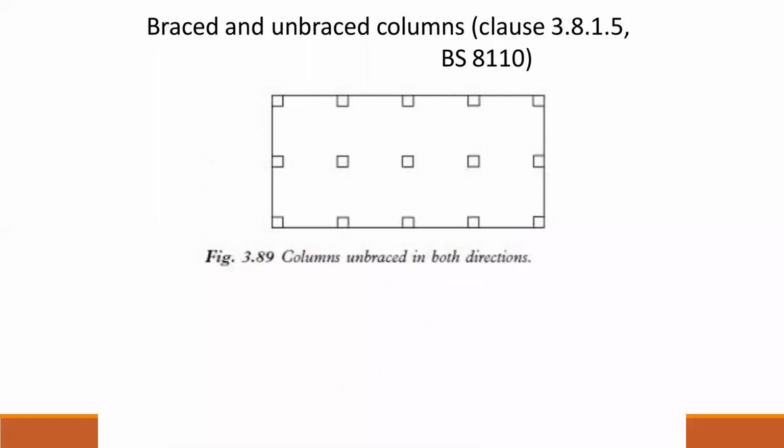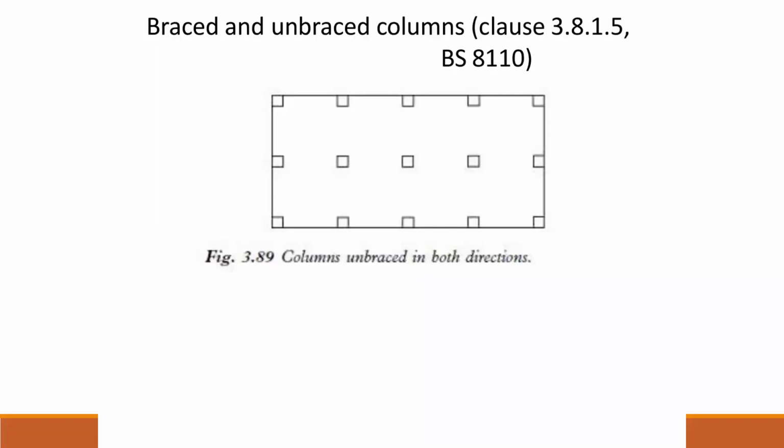Braced and unbraced columns, clause 3.8.1.5 BS 8110. Columns unbraced in both directions. You can see if you take any of these columns, they may have buckling rotations, buckling displacement in any direction. So this kind of column we say is unbraced in both directions.